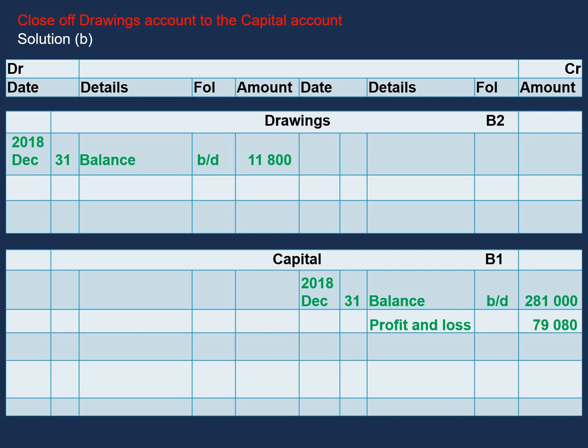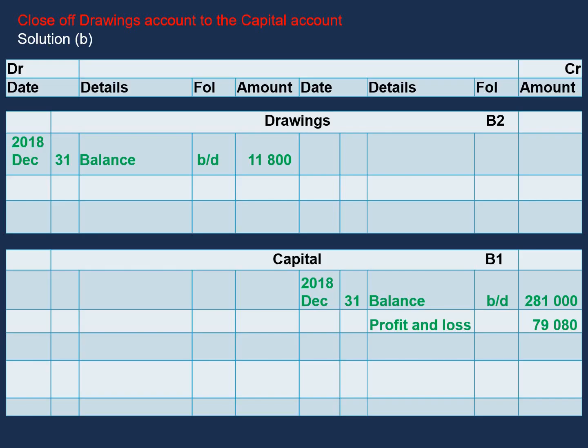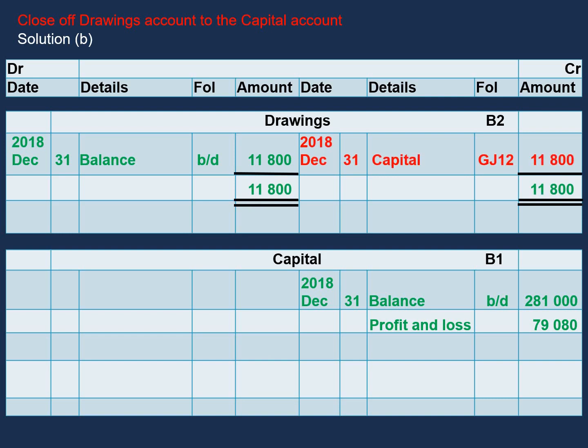This is the amount that we just calculated. Now our drawings increases on the debit side, and since we need to close off our drawings, we will need to post a transaction on the credit side. But before we do that, let's get the total. There we are. Now that we closed off our drawings account, we can transfer that amount to the capital account.